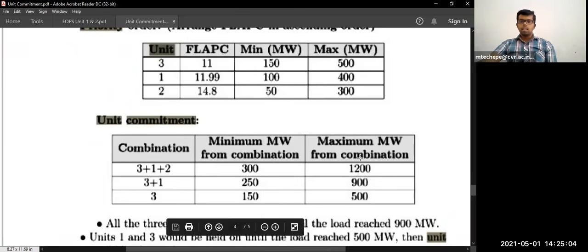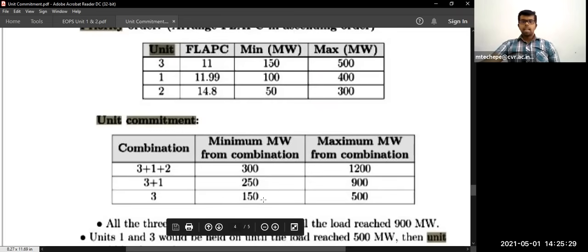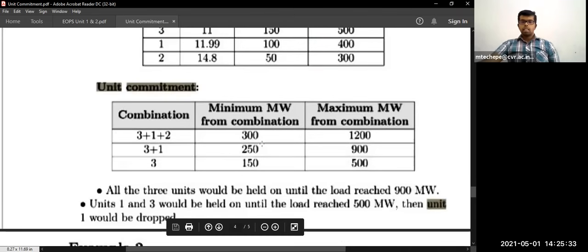Maximum is 500 plus 400 plus 300: 500 plus 400 is 900, plus 300 is 1200. Next, 3 plus 1: minimum 150 plus 100 is 250, maximum 500 plus 400 is 900. Then 3 alone: 150 to 500 megawatt. Like that you have to do.